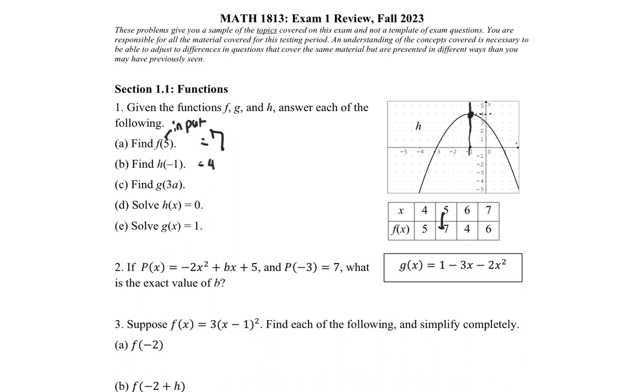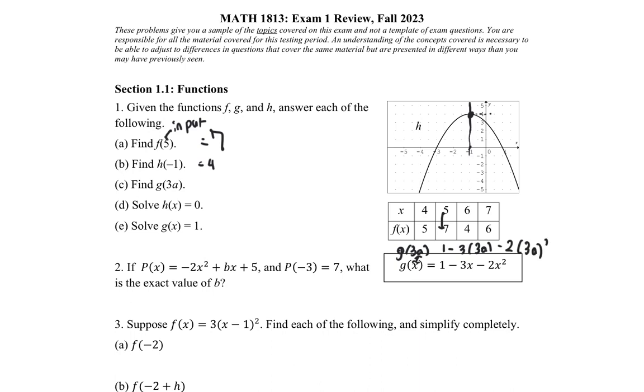Okay. Next, this one's a little trickier. Find g of 3a. Where I had an x, I now have a 3a. So everywhere in this equation where I have an x, I'm now going to have a 3a.